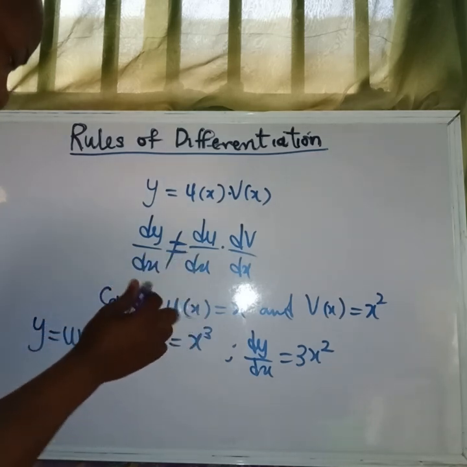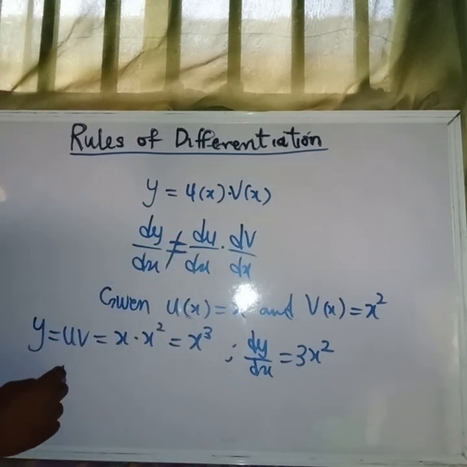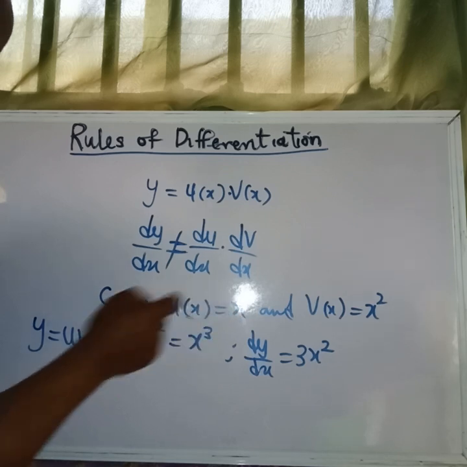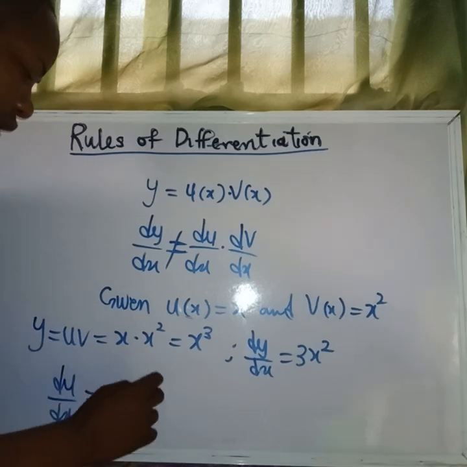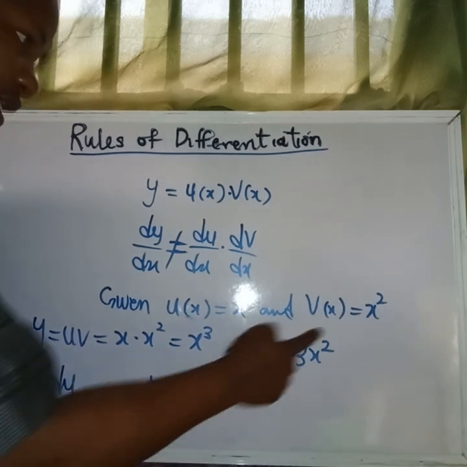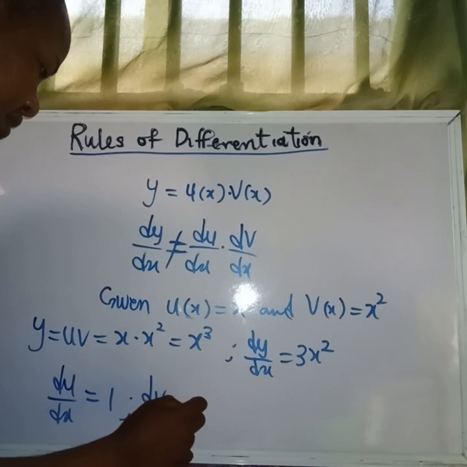If we find the derivative of u with respect to x, this will be 1, and the derivative of v with respect to x gives 2x.